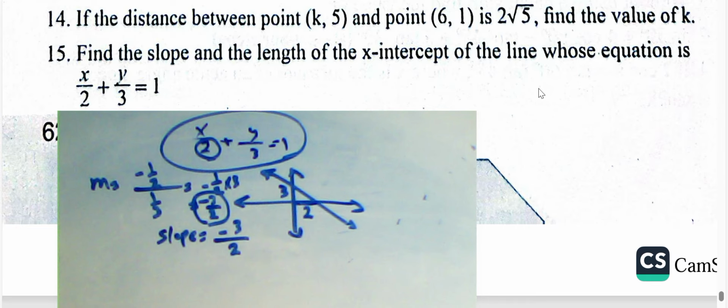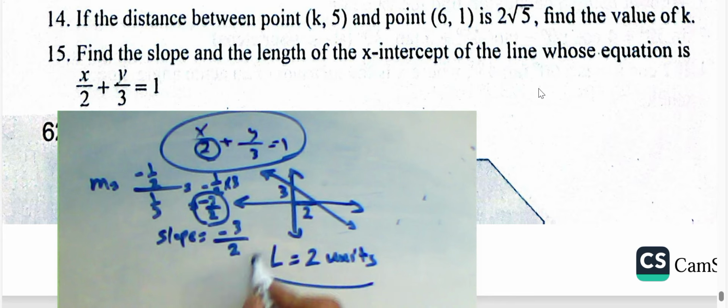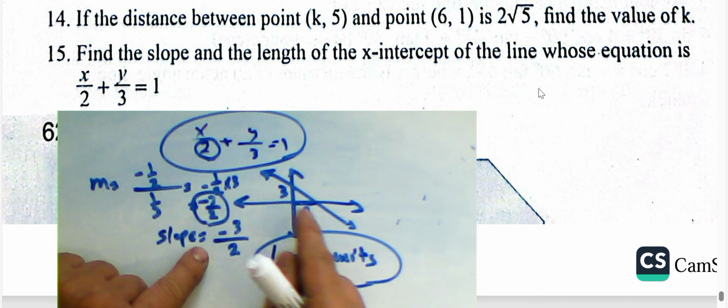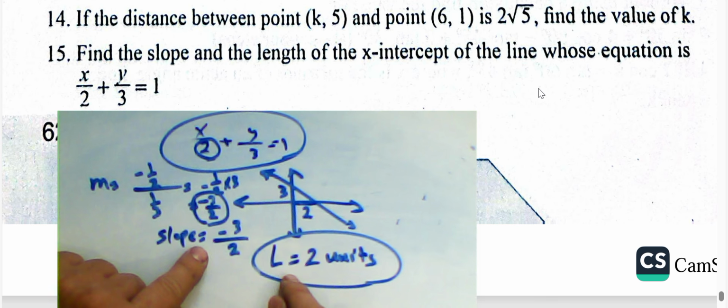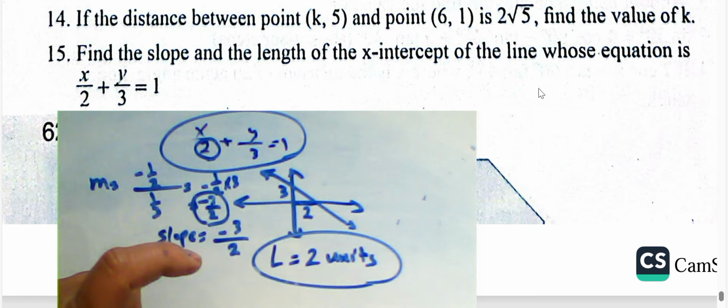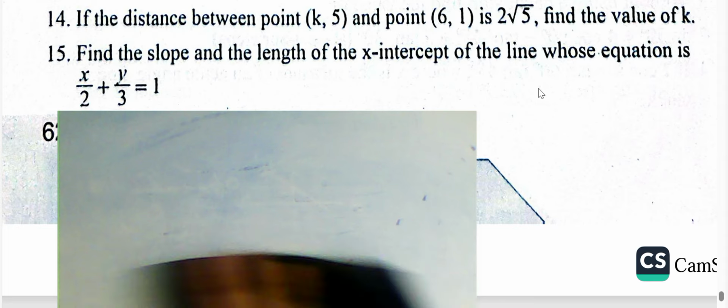The length of the x-intercept of the line, the part cut off the x-axis, will be 2 units. You can solve the example by this method in one step.